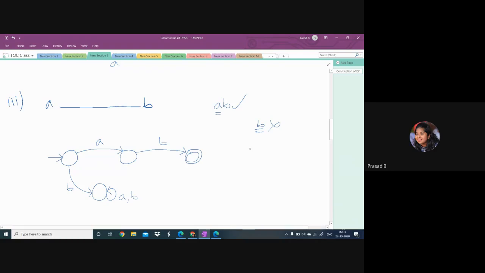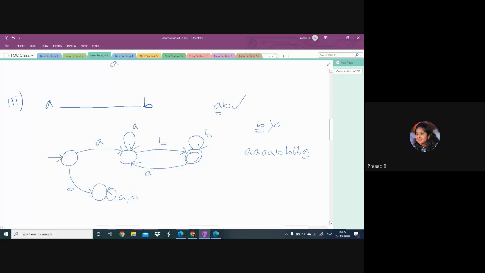And if starting with A, we'll go towards the final. Again A. As long as A comes, we will be in this state. And if B comes, we'll go to final. Again B comes, as long as B comes, it is ending with B. So B in the final. And again A comes, it is not ending with B. So that is the reason come back.